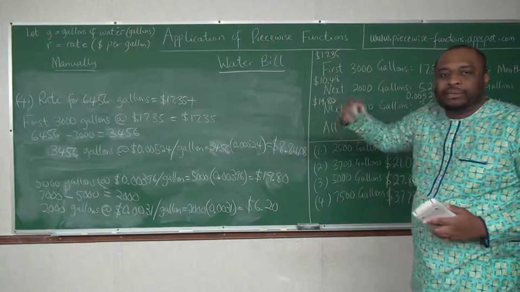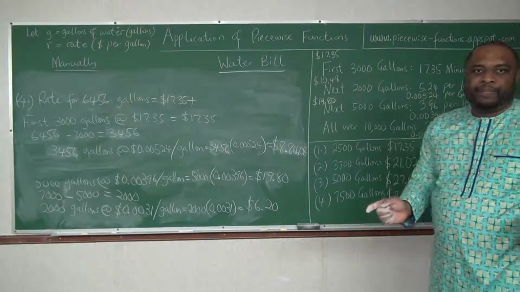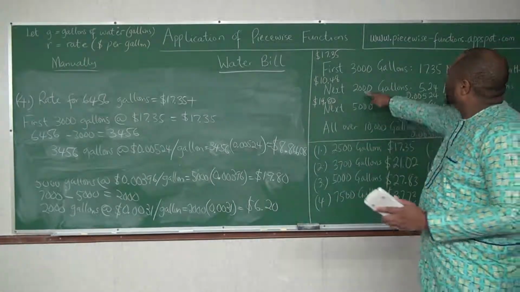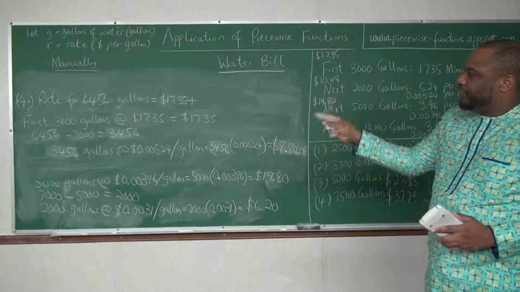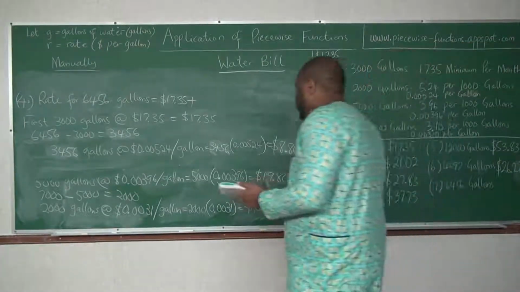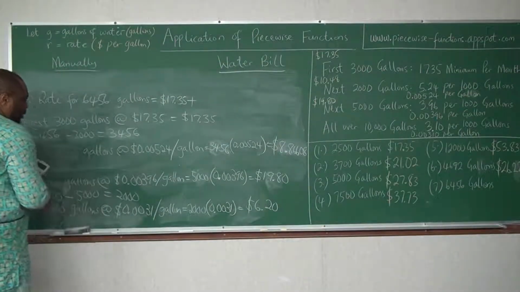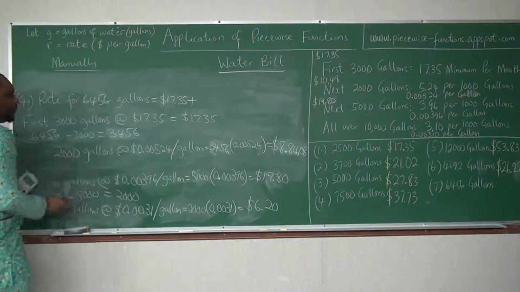For this 4,692, no problem, because when you subtract 3,000 from it, it's 1,692. It's less than 2,000, so it falls here. However, 3,456 is more than 2,000, so we use 2,000 gallons here. Are you with me?